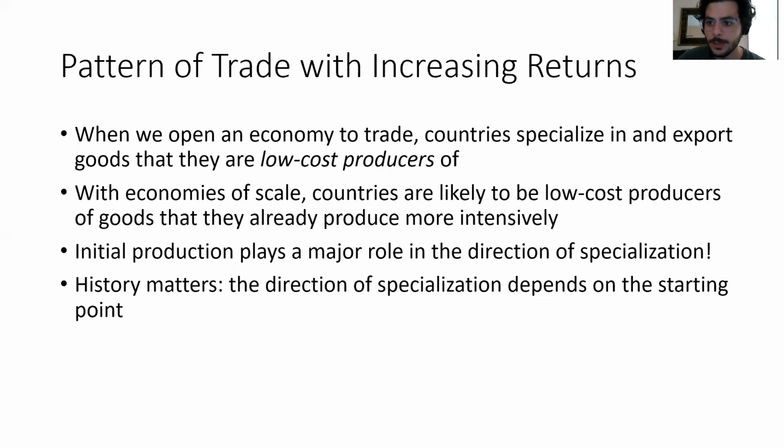So it was easy to see who was a low cost producer of what. In the Heckscher-Ohlin model, prices still depended on what you were producing, but we had an assumption of the same demand in each economy, which meant that we could always figure out who was going to be the low cost producer. With economies of scale, it's not so easy.